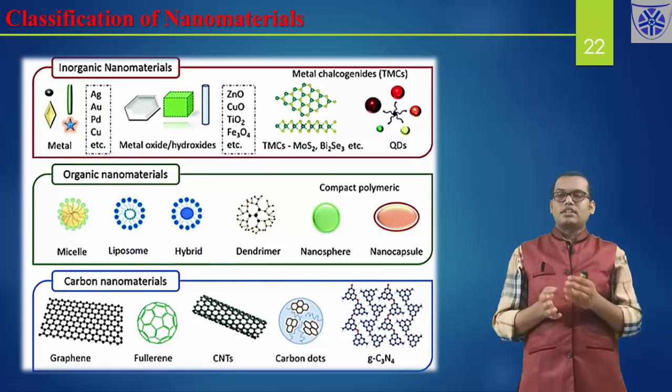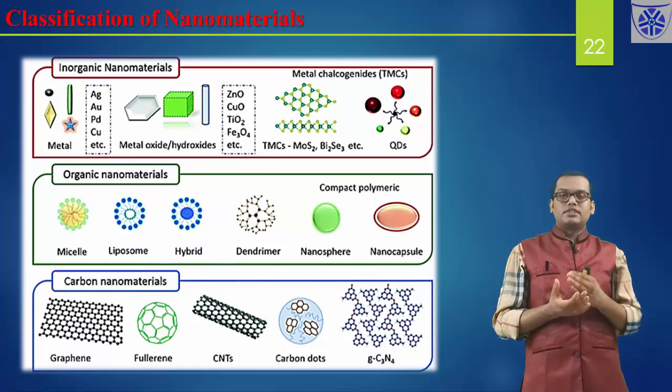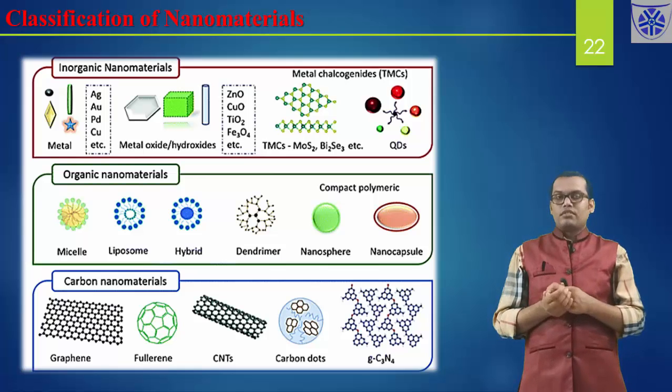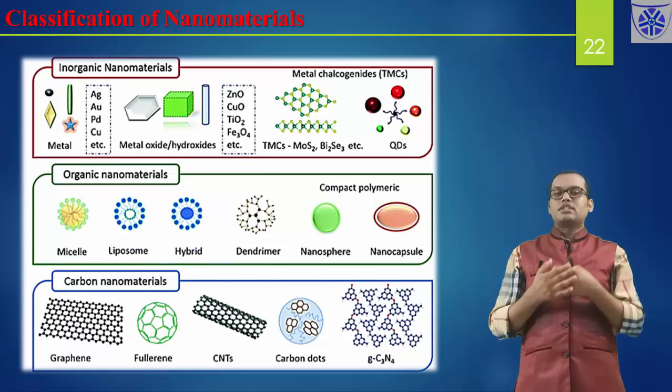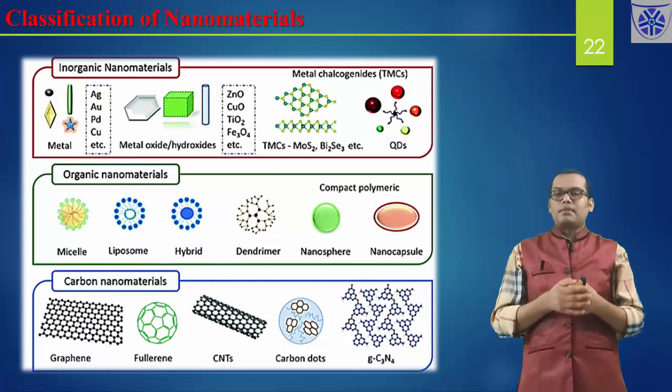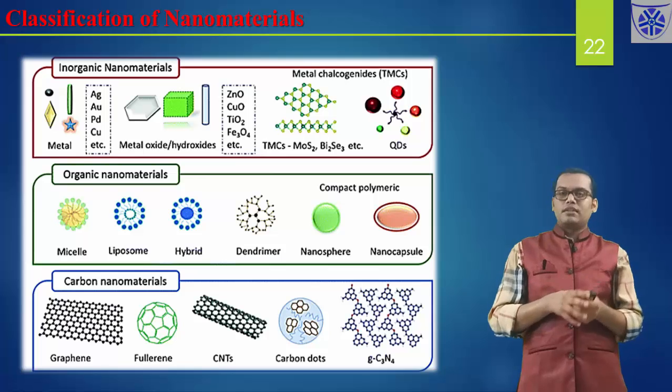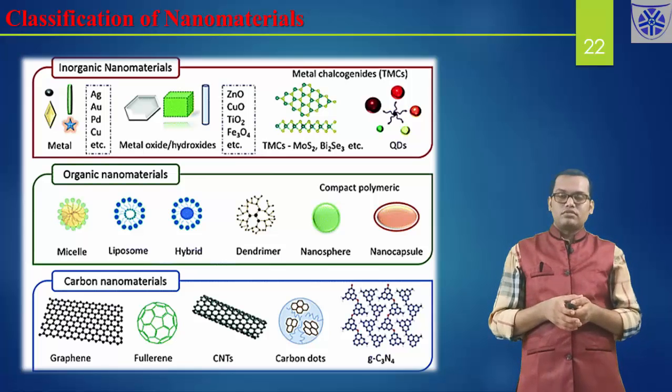Three carbon materials are graphene, fullerene and CNT, for which you have to read their synthesis process, properties and applications. And some other carbon based nanomaterials like carbon dots and g-C3N4, carbon nitride. Then I will summarize.